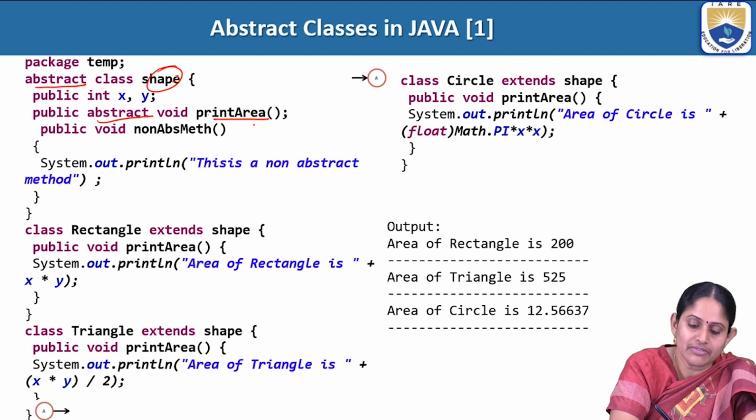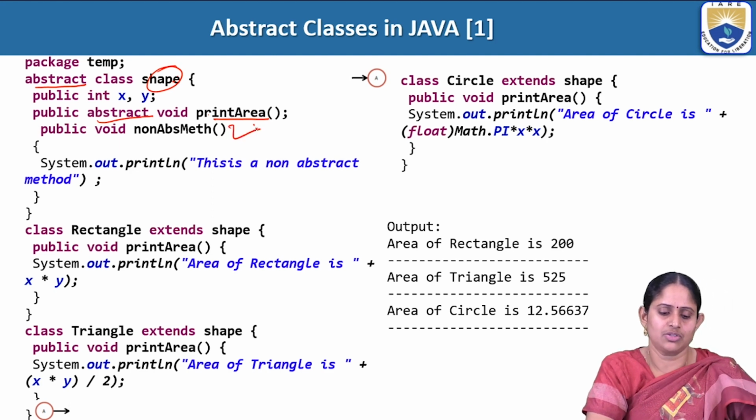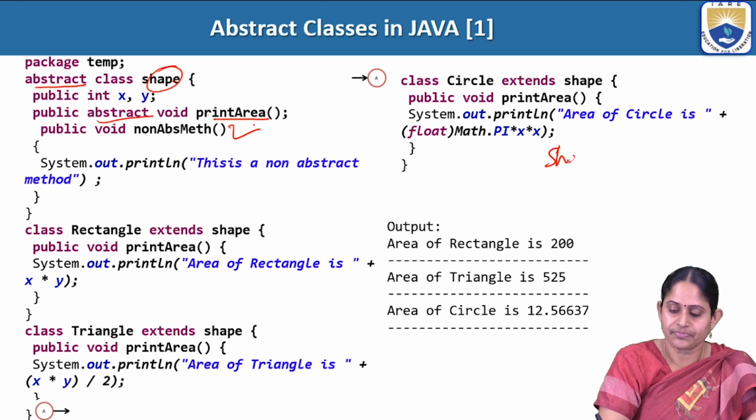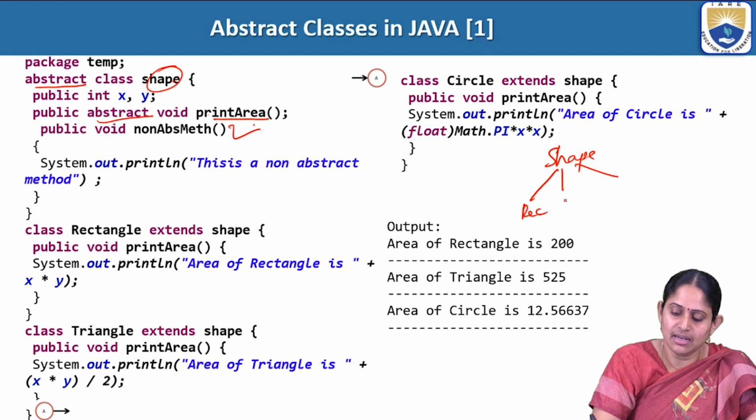So whatever class is inheriting this shape should give an implementation for that print area method. Now there is a non-abstract method also in this shape class. From the shape class, there are three classes derived. One is the rectangle, then another is the triangle, and the circle class.